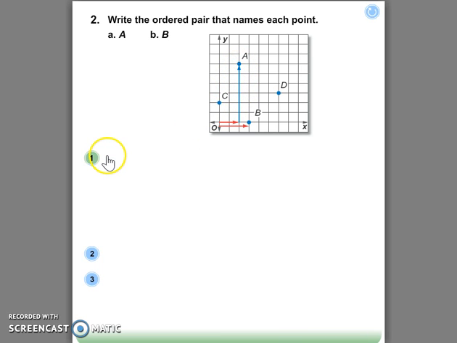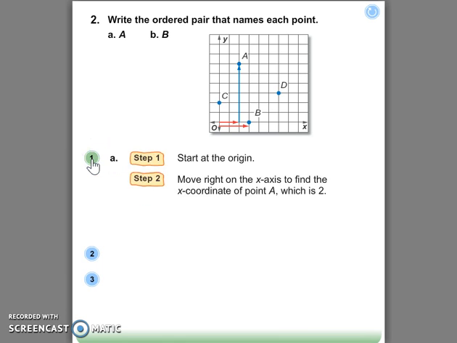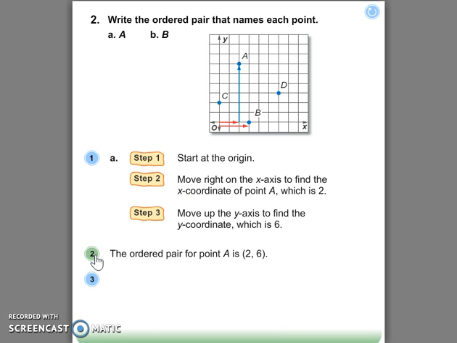Or 6, sorry, I miscounted. 1, 2, 3, 4, 5, 6. So the ordered pair then, which I would write, is (2, 6), because the 2 tells me left or right on the x-axis, and the 6 is up or down on the y.